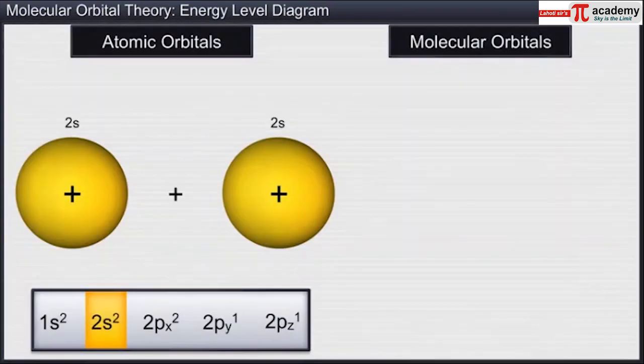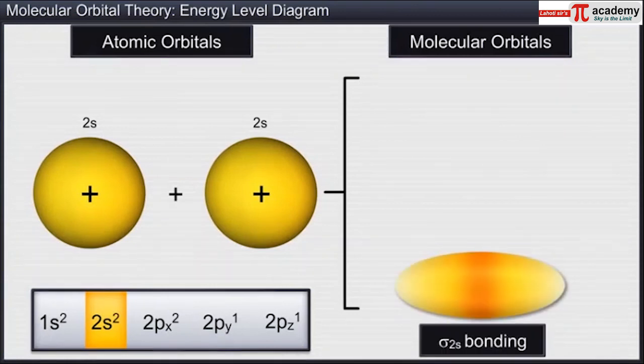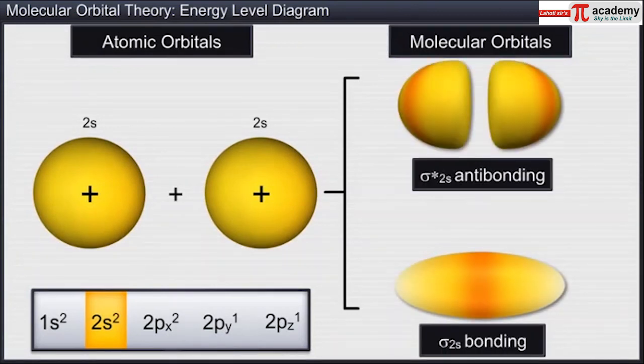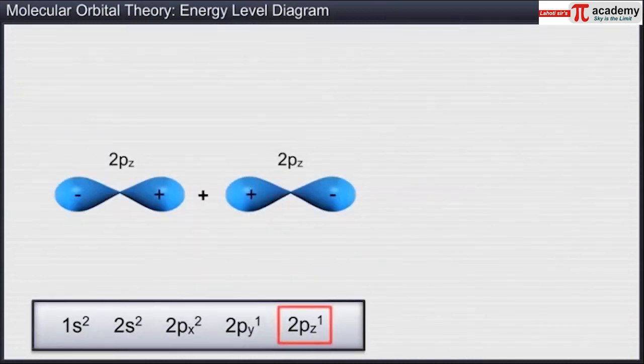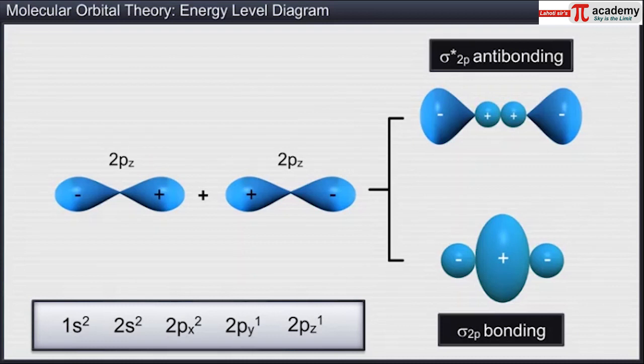The two 2s orbitals combine to form sigma 2s bonding and sigma star 2s antibonding molecular orbitals. Two 2pz orbitals too combine head-on to form sigma 2p bonding and sigma star 2p antibonding molecular orbitals.